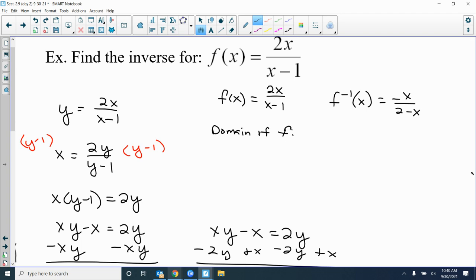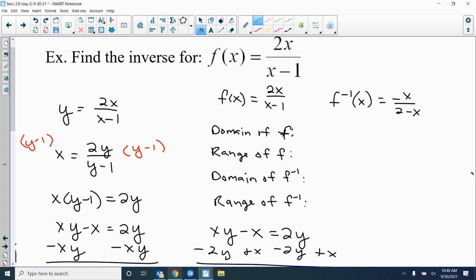Oh, that's an f there. Range of f. Domain of the inverse. And range of the inverse. Okay. All right. Domain of the original function.